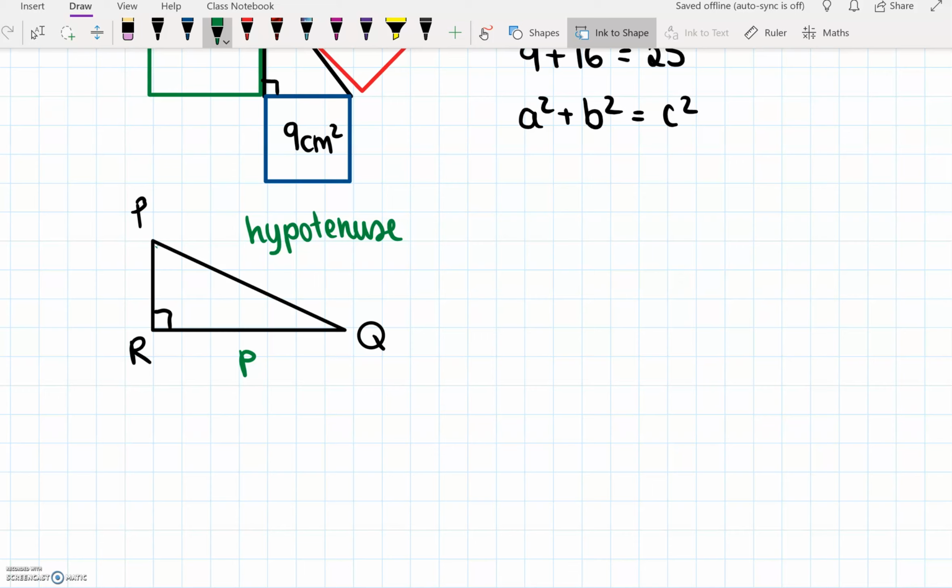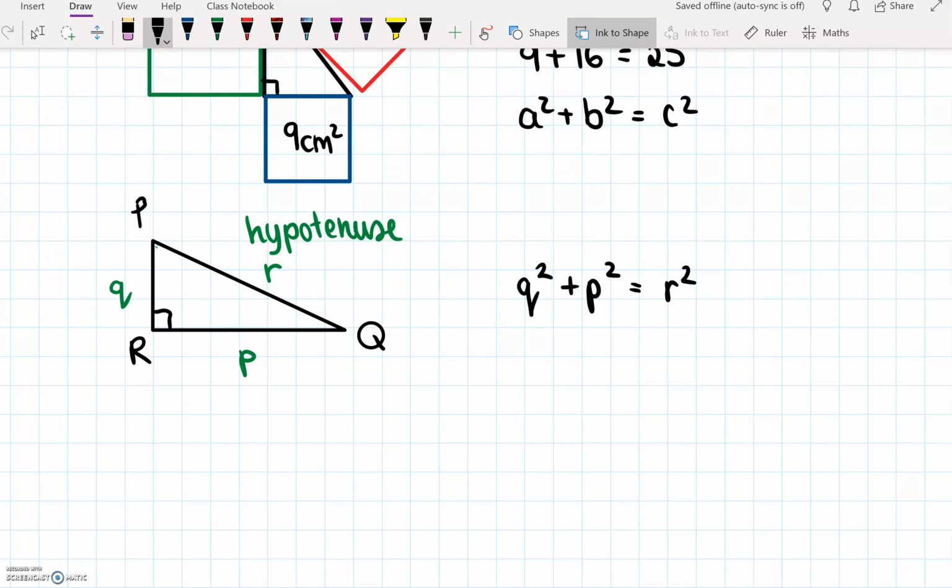It's opposite angle R, so it's side R. And the other short side is opposite angle Q, so it's going to be side Q. So if we're going to write Pythagoras' theorem for this triangle, then we know that our short sides are Q and P. So for this triangle, we have Q squared plus P squared equals the hypotenuse squared, so R squared.